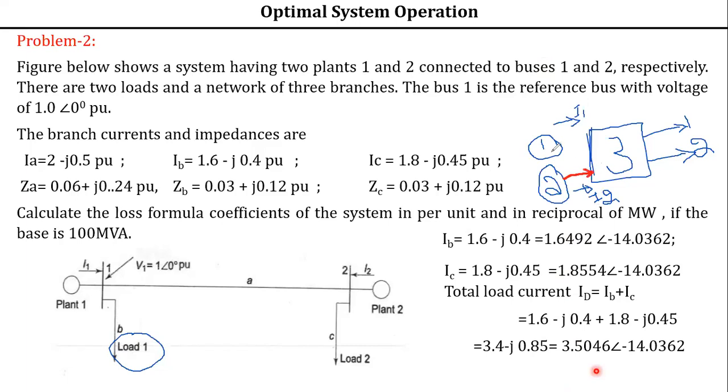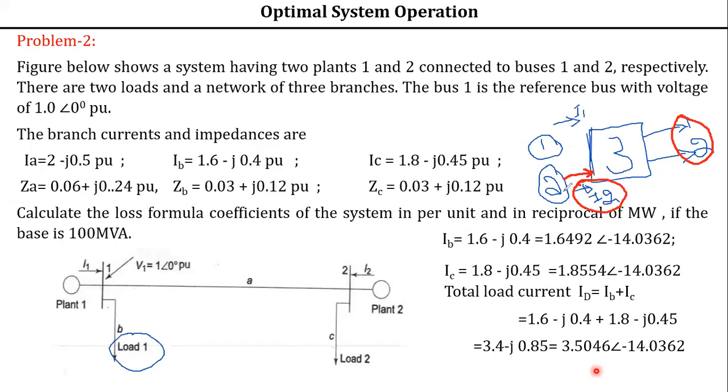So plant 1 is not supplying any current, so I1 is 0 in this case. In the earlier case I2 was 0. Now this alone. That means I2 is equal to the total load current, I1 plus I2, that is nothing but your ID, isn't it?